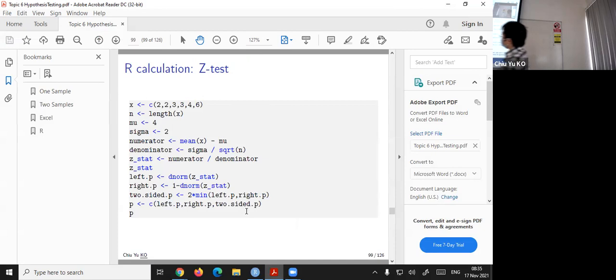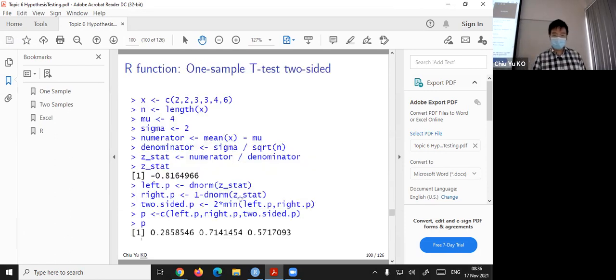So the goal today is to go over how to do R, particularly the test statistics. We will do the Z test, because the Z test cannot be computed directly.